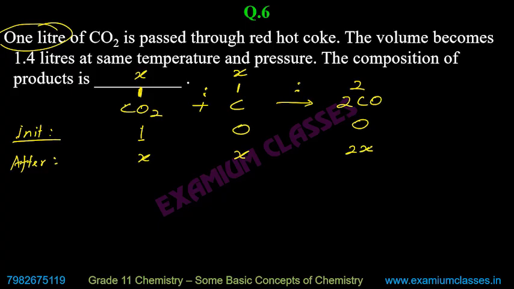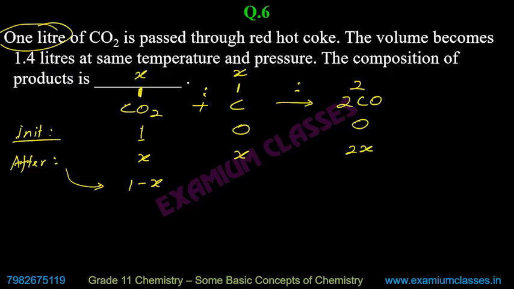This is what we know as per the reaction. But if X got reacted, it means 1 minus X remained. Okay. So after, it will be 1 minus X. Initially 1 was there. Okay.